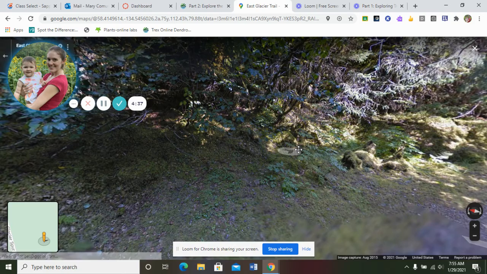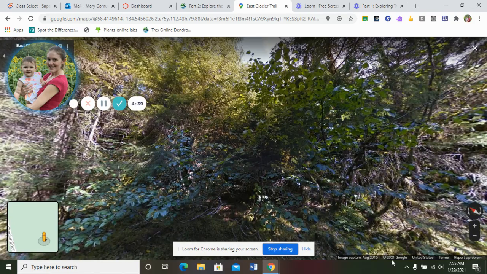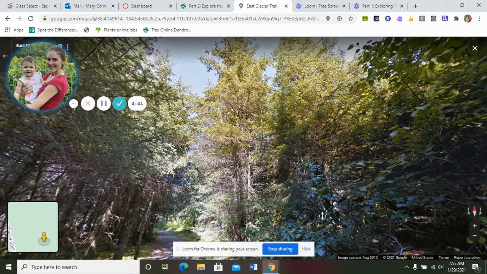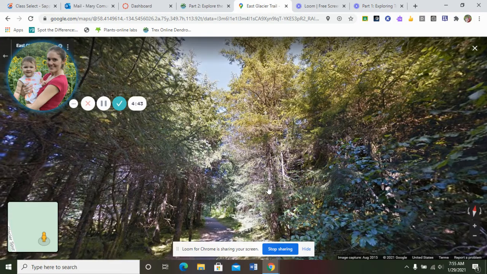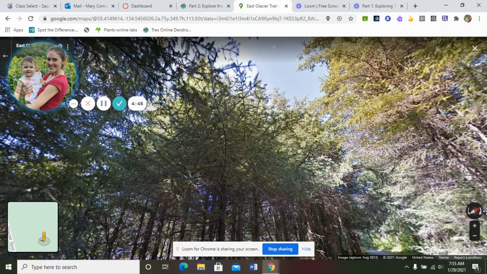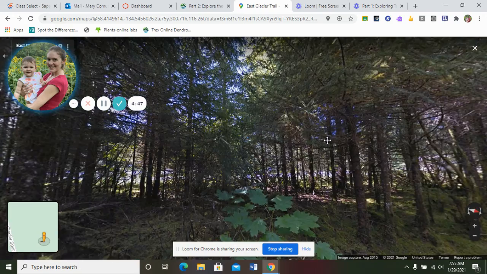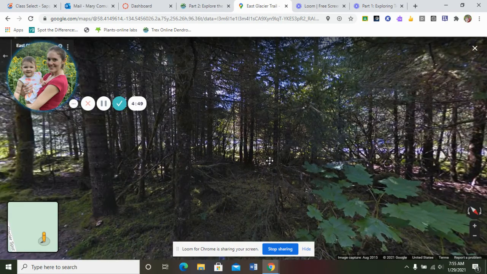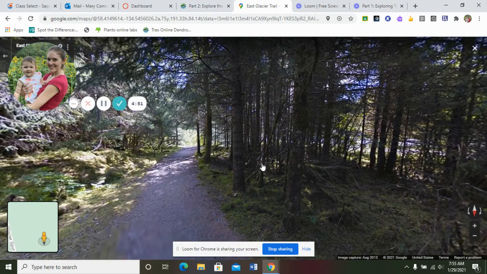Talk about soil if you see any soil anywhere. And you may have to move around in order to get that screenshot of that old tree, because right now I'm not seeing any really wide trunked trees. So I would not take a screenshot of any of this particular area here.